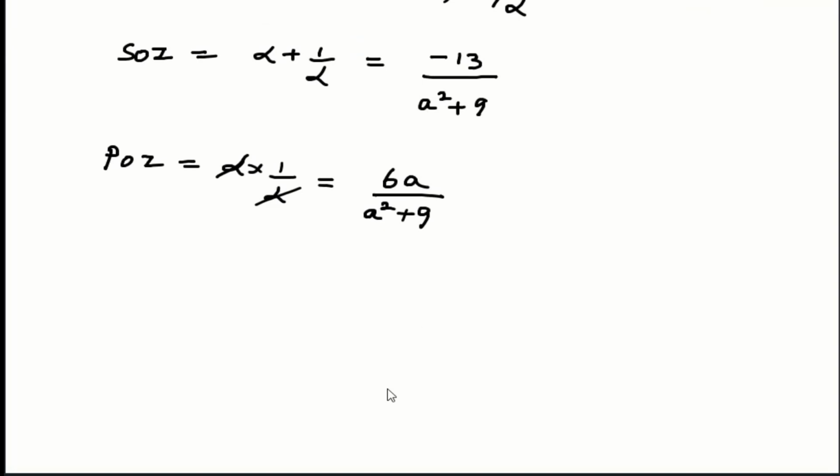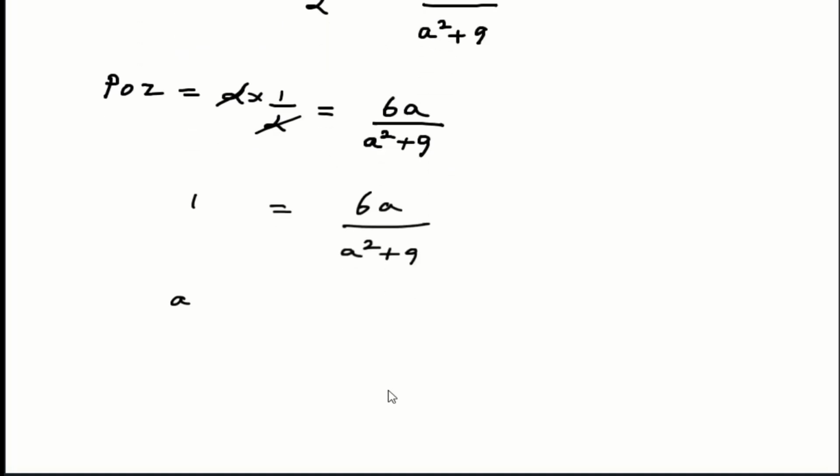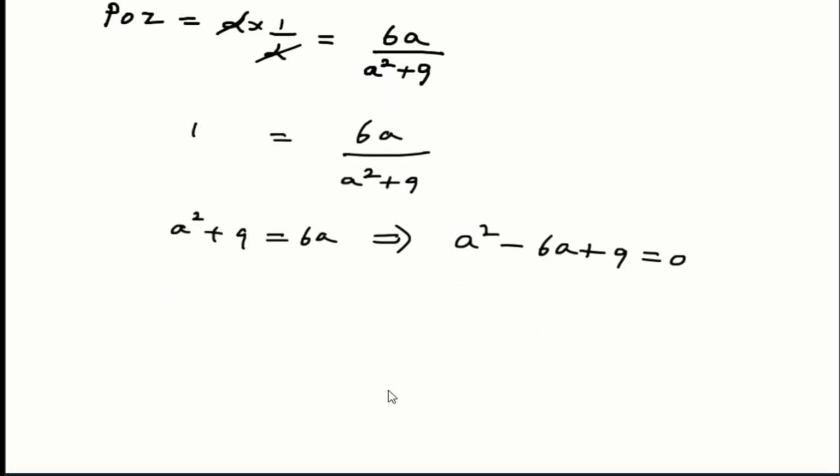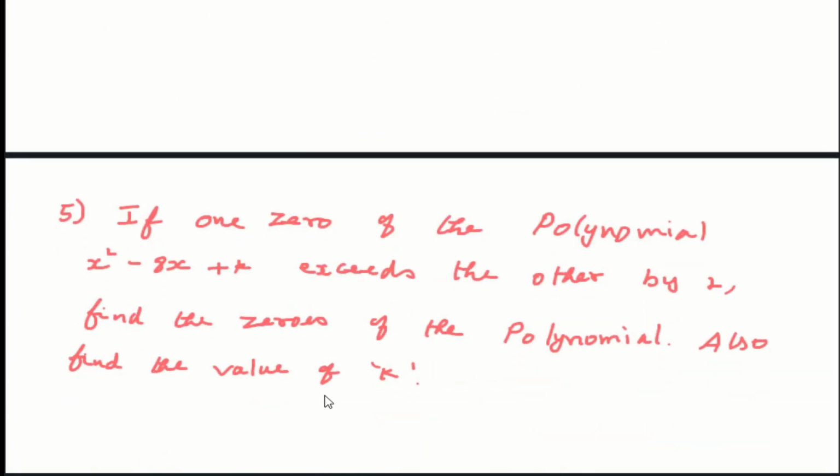So I am left with 1 is equal to 6A by A square plus 9. Or I can write A square plus 9 equals 6A, which gives A square minus 6A plus 9 equals 0. On solving this quadratic equation using splitting the middle terms, or making use of identity, or using formula, I get A is equal to 3. Is that clear? We'll move on to the next sum.